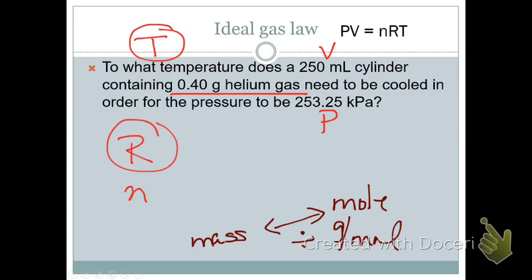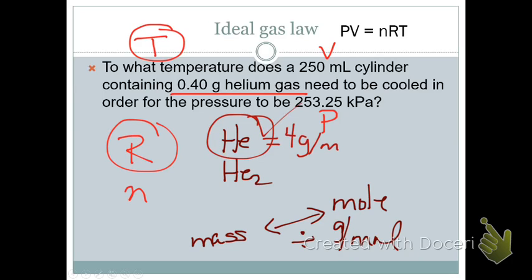So we need to know what the molar mass of helium gas is. Look at helium on your periodic table. First of all, what is the formula for helium? Is it He or is it He subscript 2? If you chose He, you are absolutely correct. So we know that the molar mass of helium is 4 grams per mole.